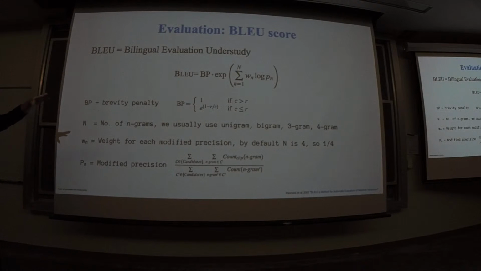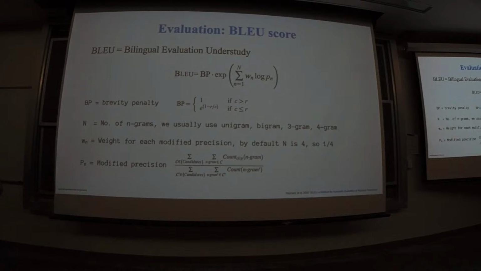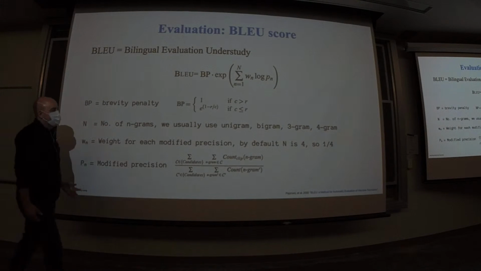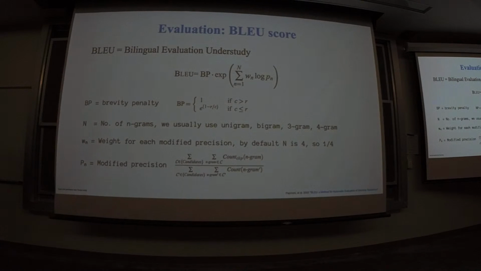This formula has a bunch of different terms in it, so let me go through and tell you a bit about each of them. Let me start with the P_n. This is the most important part. This is something called modified precision, and it is a little bit complicated. How do you tell if a translation is good or not?